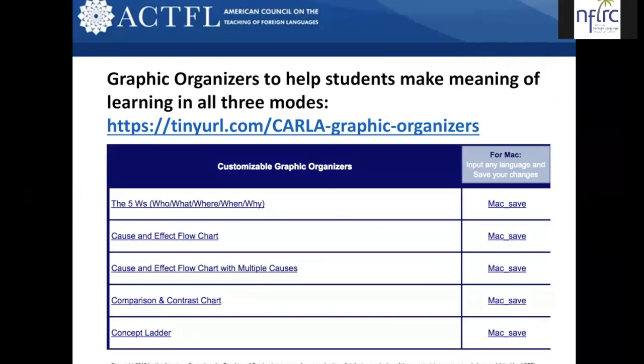One thing that I think helps the interpersonal mode is using graphic organizers. If you go to the CARLA website, you will find an abundance of graphic organizers. This is just a screenshot of the top 5 graphic organizers available, but there are many.